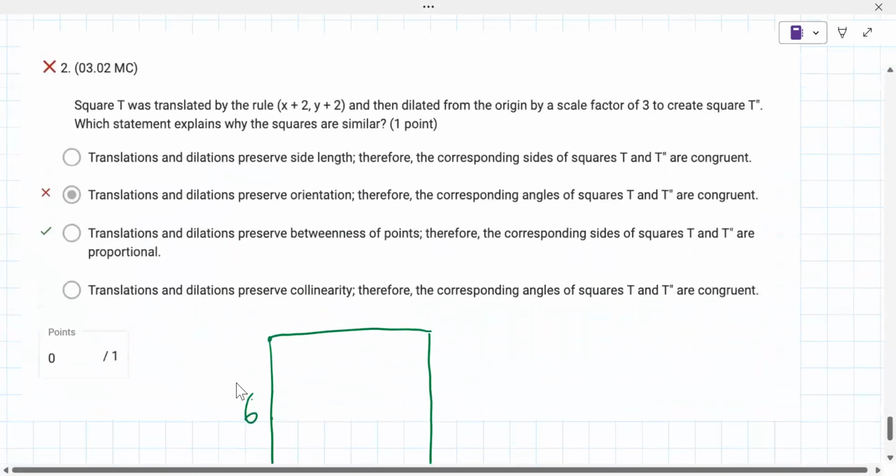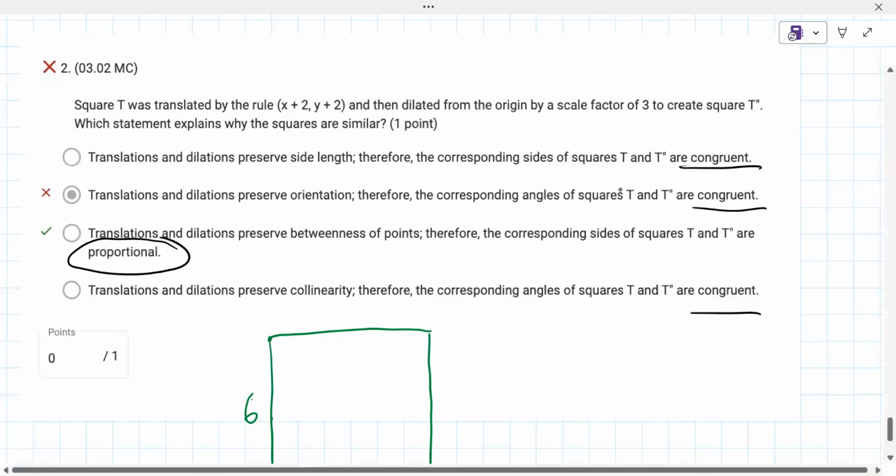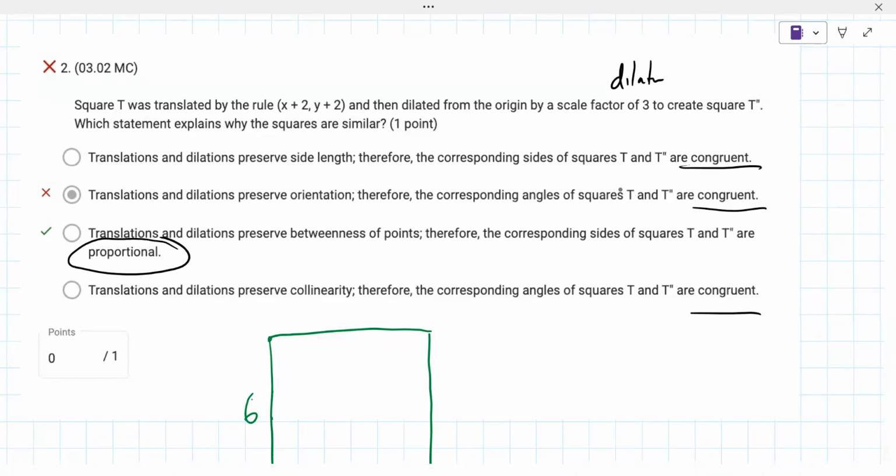Notice that this is the only one that says proportional. I hate doing it this way, but it is important here that whenever you dilate, the dilation never creates congruence. It's only proportion. Got it.